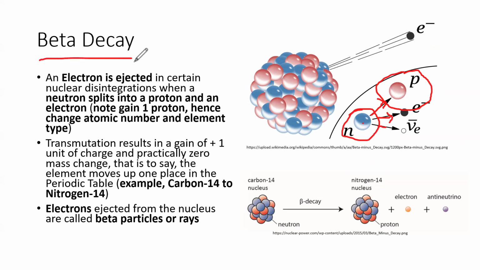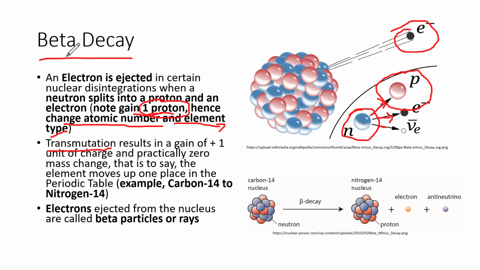So therefore, in beta decay, you lose one electron and you gain one proton. And of course, whenever there's a change in the number of protons, you have also a change in the atomic number, and there will also be a change in the type of the element, or a transmutation.